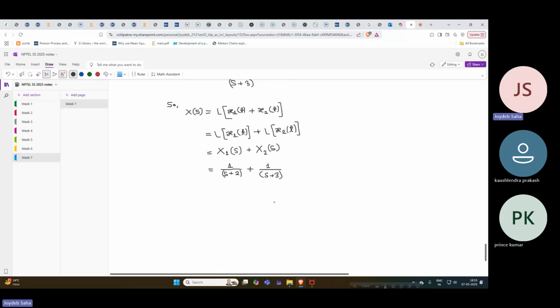Now the question is, what is the region of convergence? It is a left-sided signal, so the region of convergence will be on the left side. This is sigma, this is j omega.